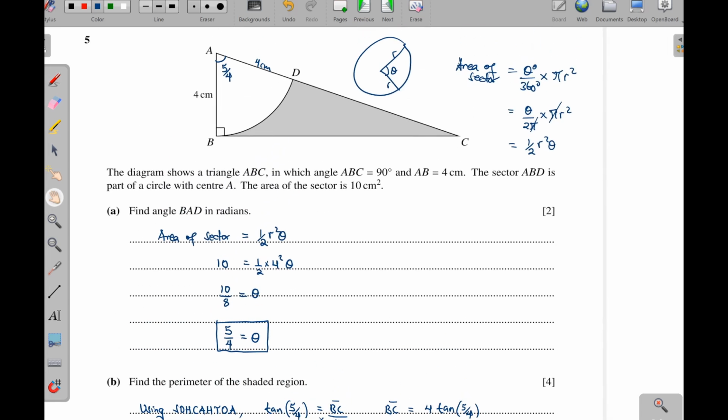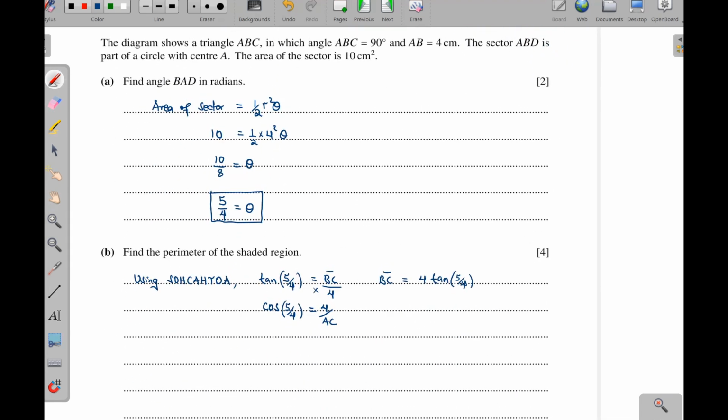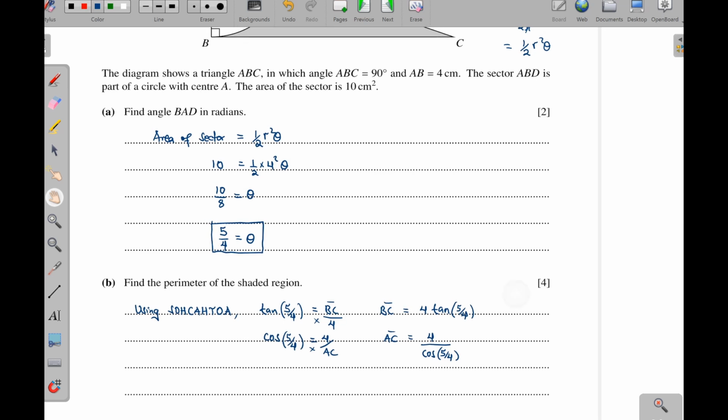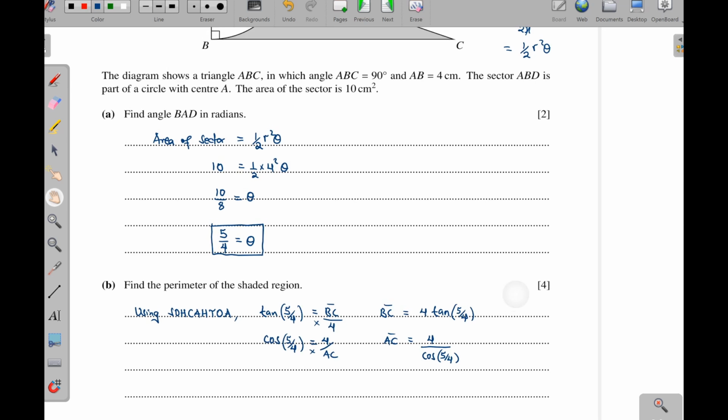Then when we cross multiply, SC is going to be equal to 4, then you divide all through by the cosine. So that will be 4 out of the cosine of 1.25 or 5/4. You see that?